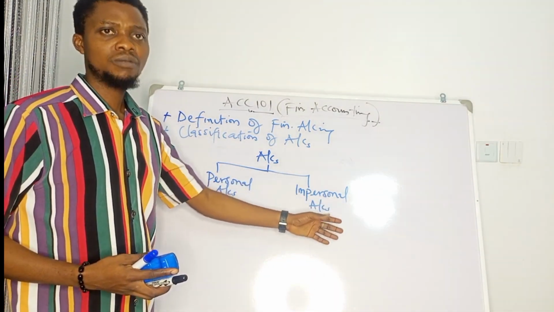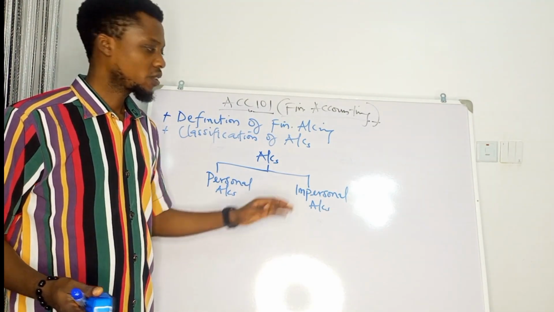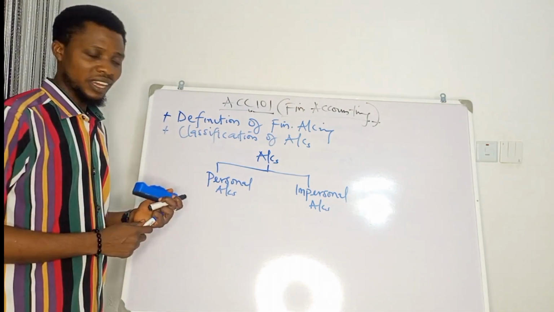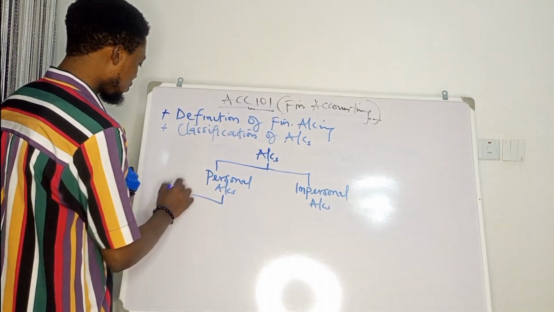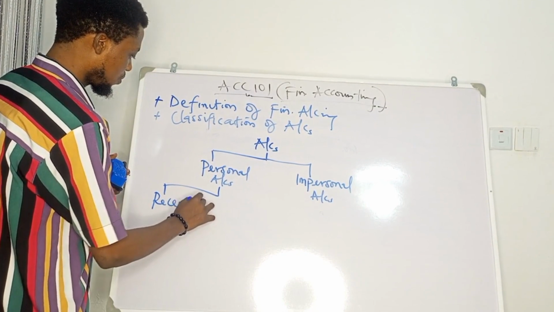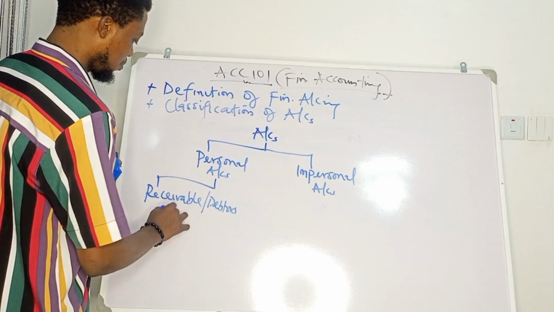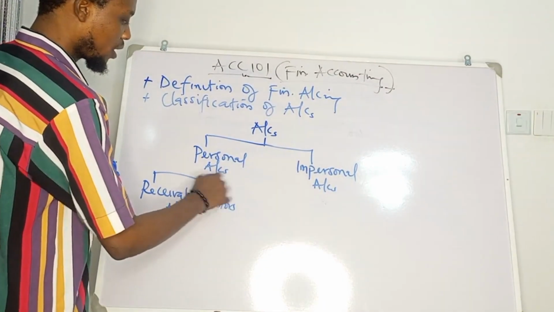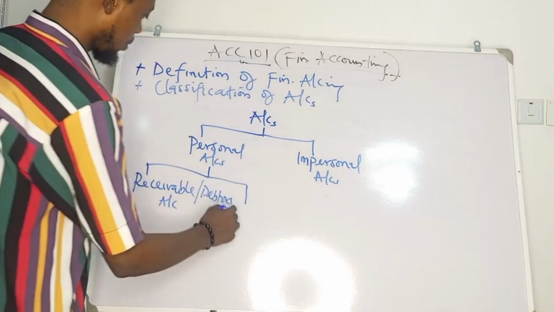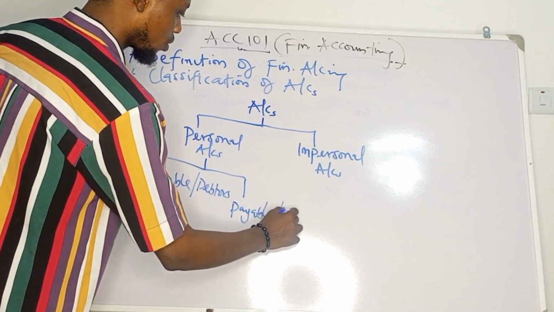Then under impersonal, just the opposite of this, accounts not belonging to persons, and they are subdivided. We are going to look at their subdivision now. Under personal accounts, we have what we call the receivable or debtors account. Then we also have the payable or creditors account.